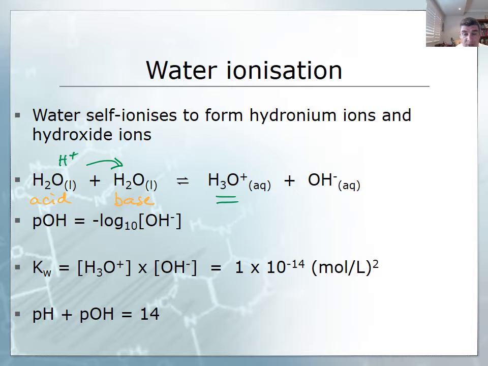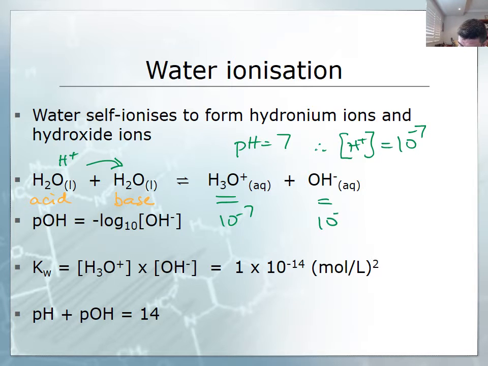That's going to give us a hydronium ion and an OH ion left behind. When we look at this equation, we know that because the pH of water is 7, the concentration of the H plus ions must be equal to 10 to the minus 7. And of course, because the ratio is 1 to 1, the concentration of OH minus ions must be the same.